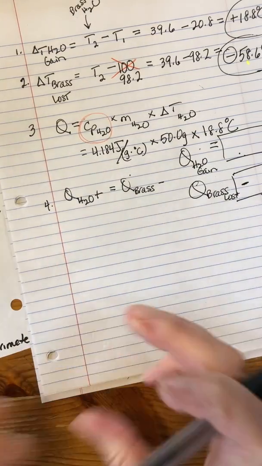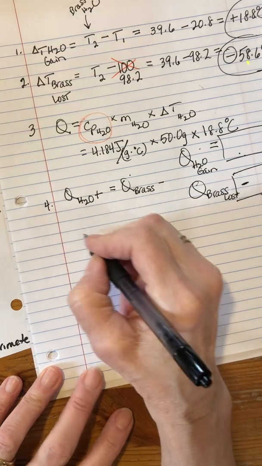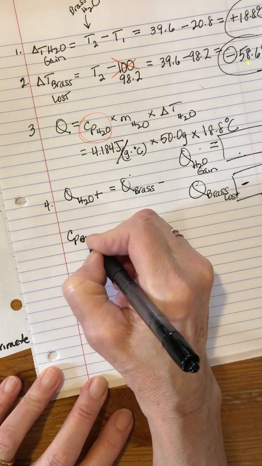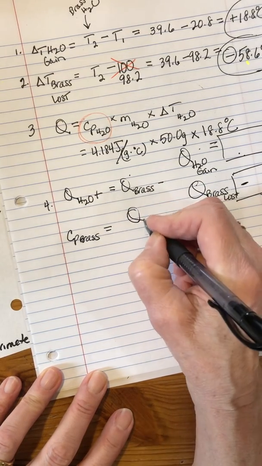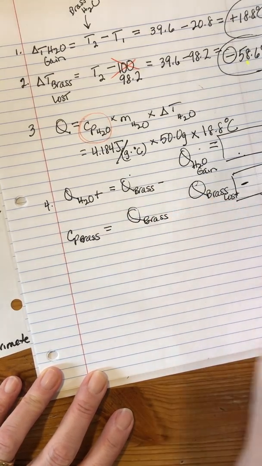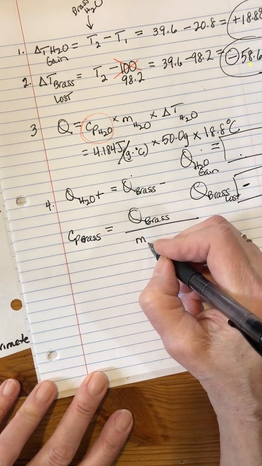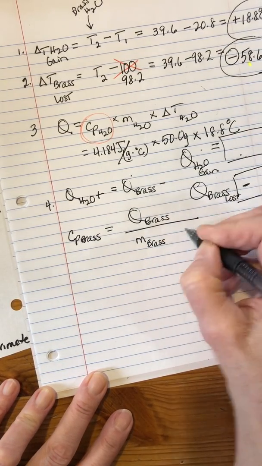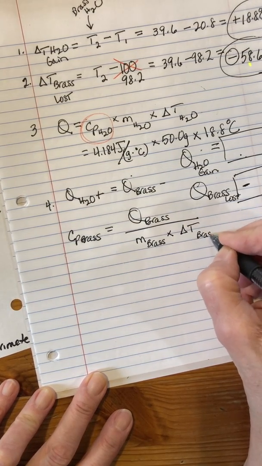So we need to divide both sides by the mass times change in temperature. So for the second part of part 4, you're going to have Cp brass is equal to Q brass, which should be negative, over mass of the brass, which is 200, times the change in temperature of the brass.